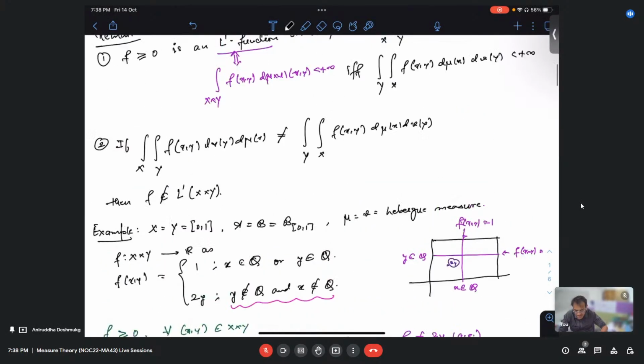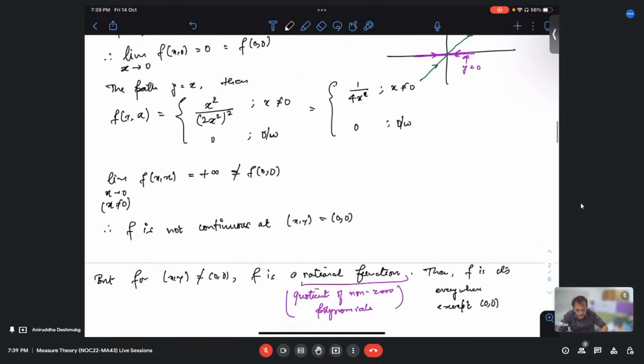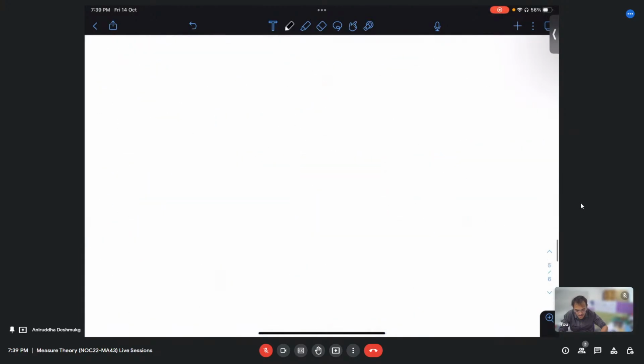Now, just for this remark too, let us see one thing. Let's look at an example. So again here, the spaces: X is [0,1], the sigma algebra is the Borel sigma algebra of [0,1], and the measure is the Lebesgue measure.